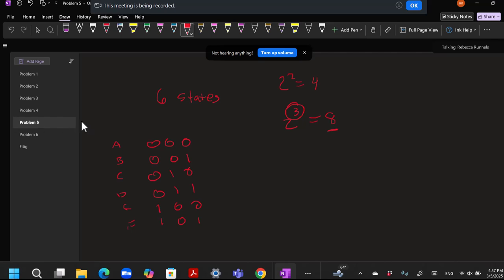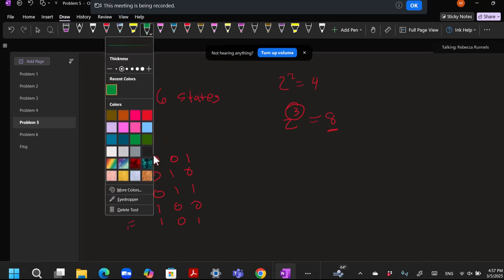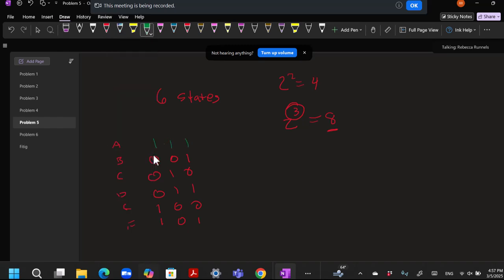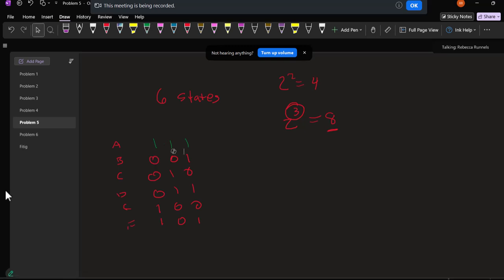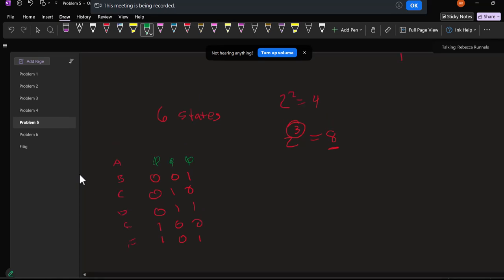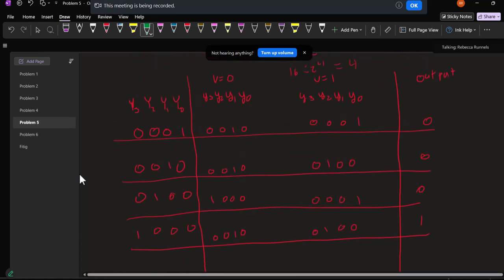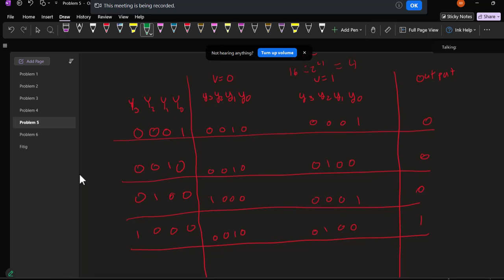You could say, I just want to make mine different from everybody else, and I'm going to make this one 1, 1, 1. Now, when you do your state assigned table, you have to account for all of your values. We don't have to here because of the one-hot encoding, we don't have to put all 16 values, because it's specifically one-hot encoding.